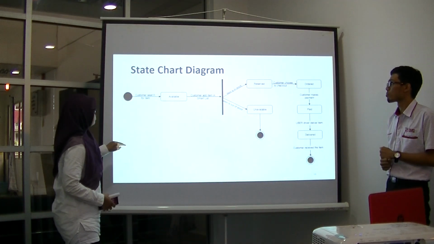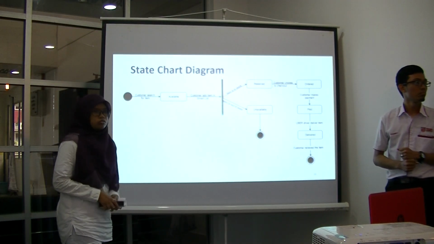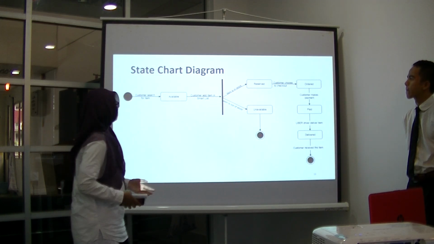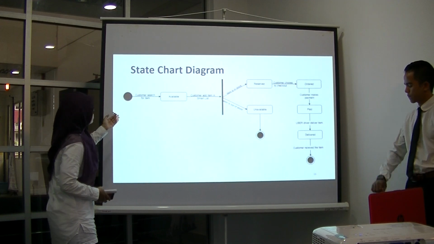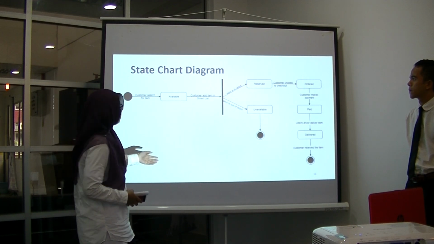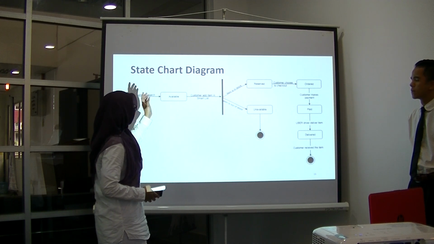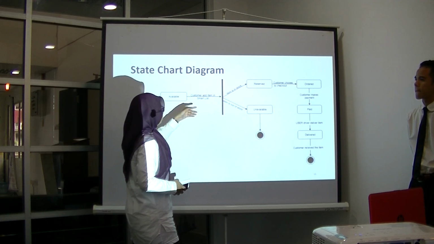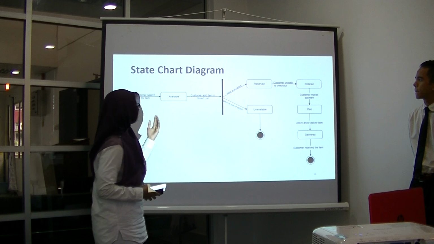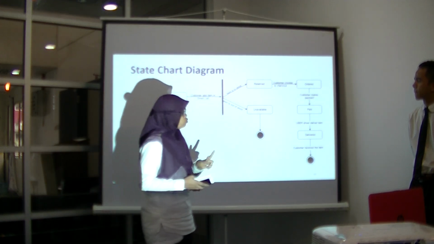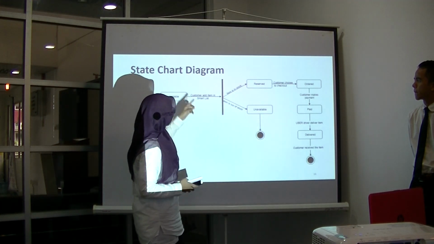For the state chart diagram, we choose to do a state on the grocery item. The state will be initiated when the customer searches for the item, and the state will be available. Then another event will be the customer adds the item in the smart list, and there are two stimuli or two events that can occur.